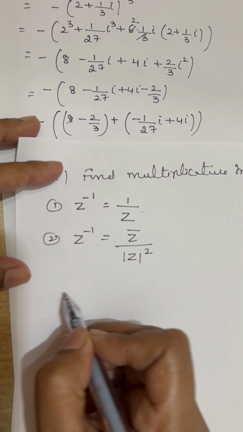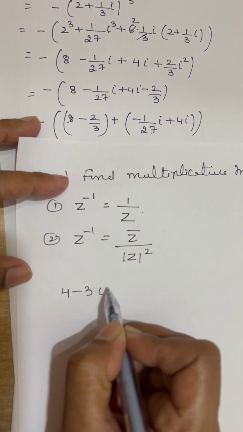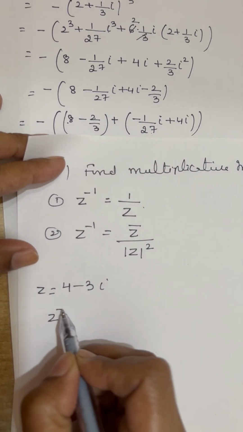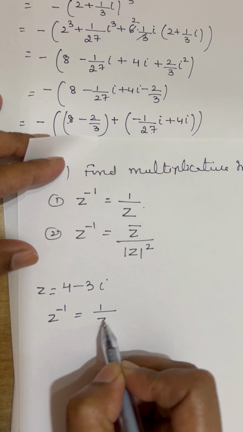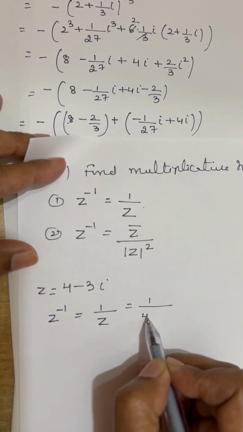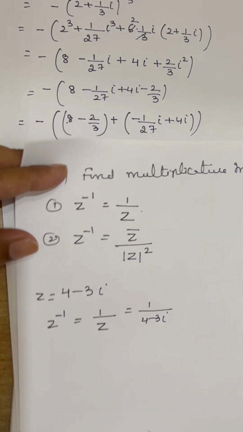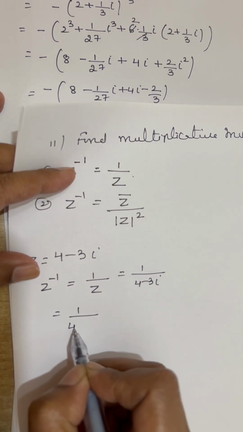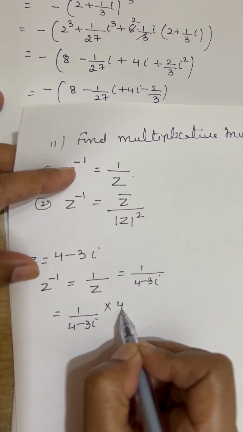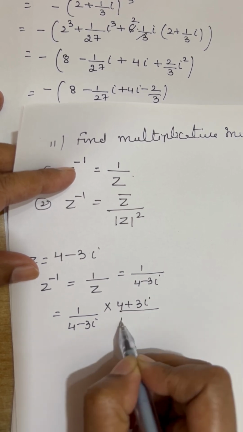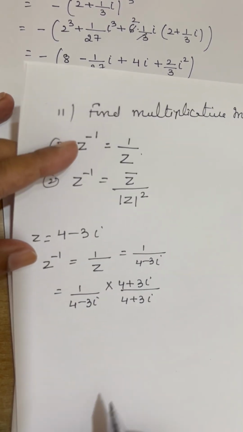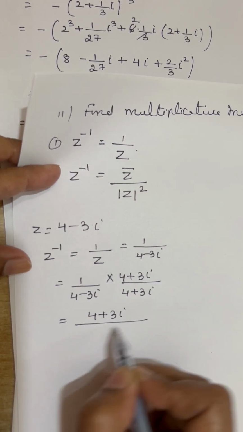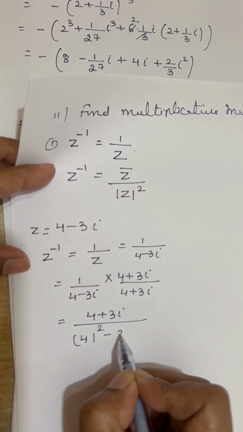So 11th question is 4 minus 3 iota. Z is 4 minus 3 iota. So इसका inverse find करना है. So it can be written as 1 upon z. That means 1 upon 4 minus 3 iota. And we can solve it by rationalizing into 4 plus 3 iota upon 4 plus 3 iota. So this becomes 4 plus 3 iota upon a square minus b square.